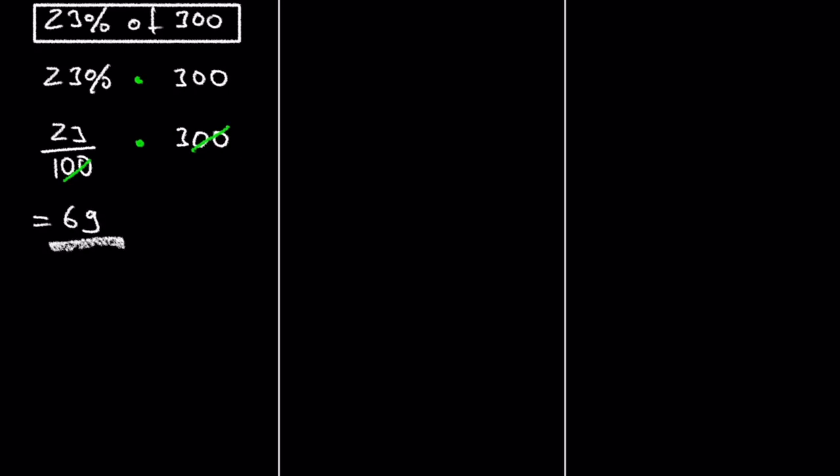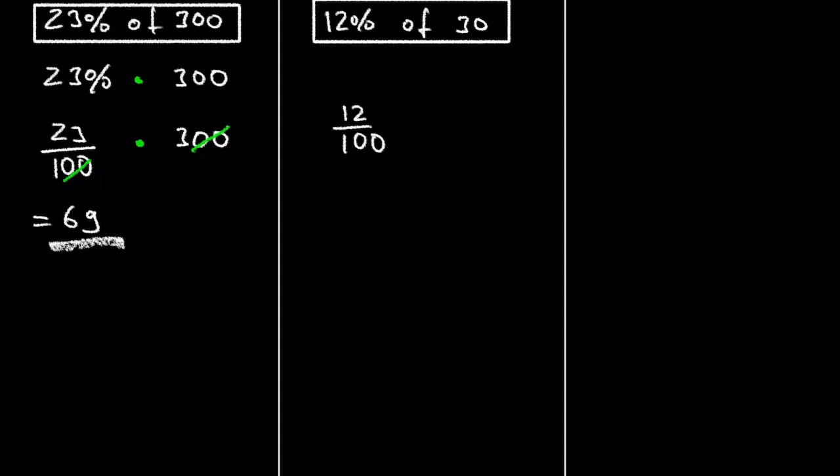Let's look at the next example. What is 12% of 30? We write the 12% as 12 over 100 and multiply that by 30.